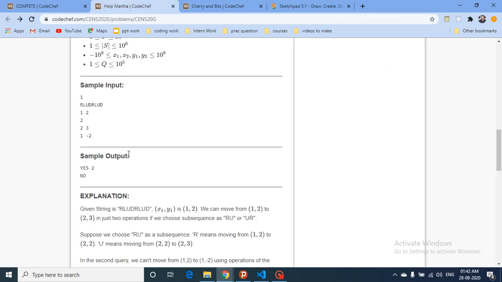Let's assume that Martha is standing at 1 2 and there are two queries: you have to reach 2 3 and 1 minus 2. So these are the constraints of this question. Now subsequence means that you can remove some characters and then choose some of the characters which are remaining.